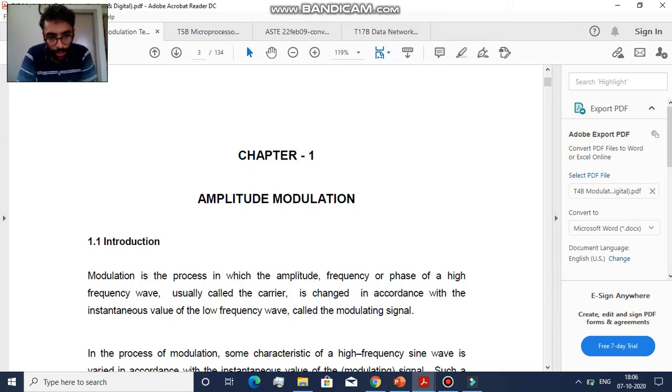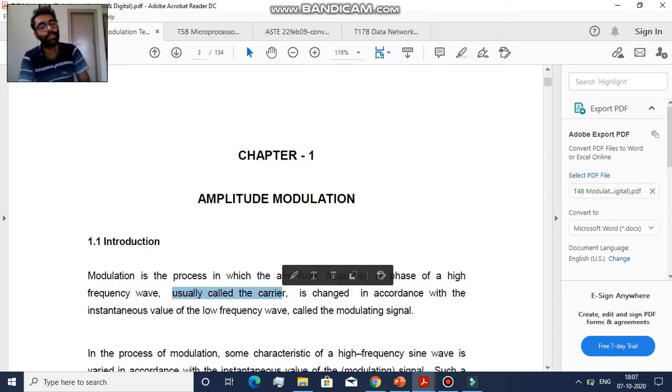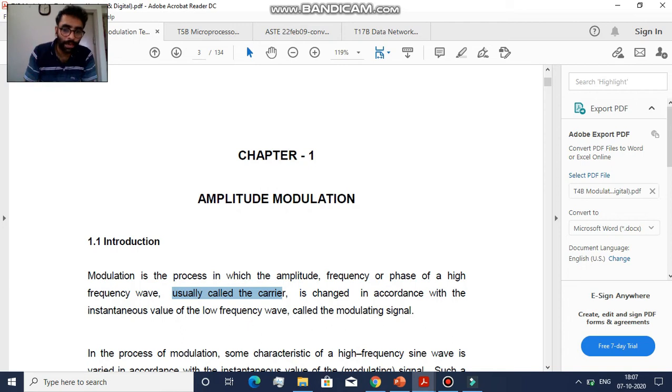So what is modulation? Modulation is a process in which the amplitude, frequency or phase of a high frequency wave, usually called the carrier, is changed. So the high frequency wave is called the carrier, and its amplitude, frequency or phase is changed in accordance with the instantaneous value of the low frequency wave called the modulating signal.